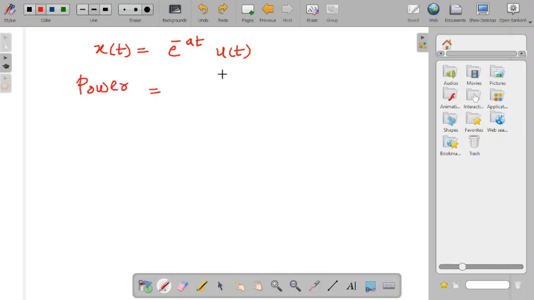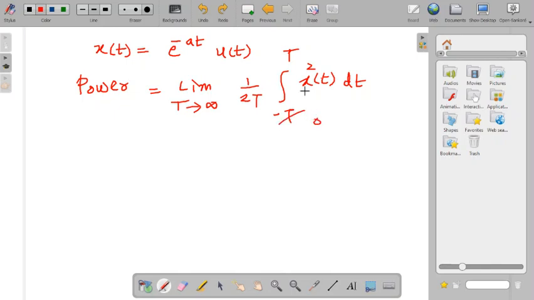So power is given by limit t tending to infinity 1 over 2t integration limits from minus t to plus t x square t dt. This is our basic formula. And since I told you in the previous slide that u of t exists only to the right side, the limits will be changing from 0 to t, and limit t will be tending to infinity.